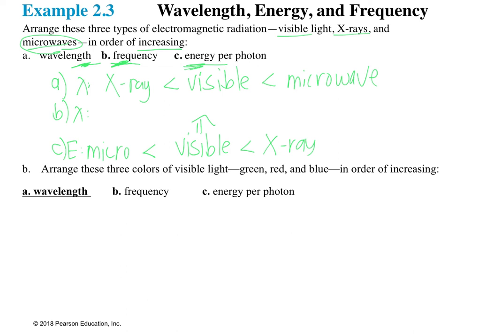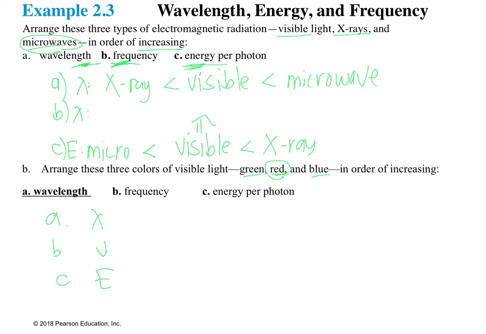Now if we do color, we have green, red, and blue. The same thing: wavelength, frequency, and energy. Again, I can think of ultraviolet as close to blue, because violet's close to blue, and red is close to infrared.